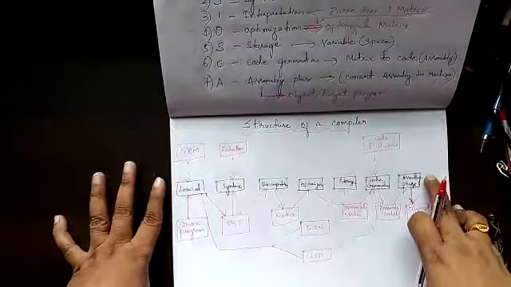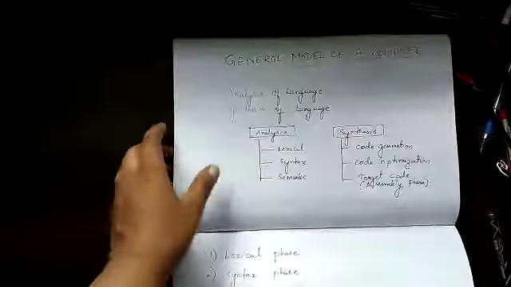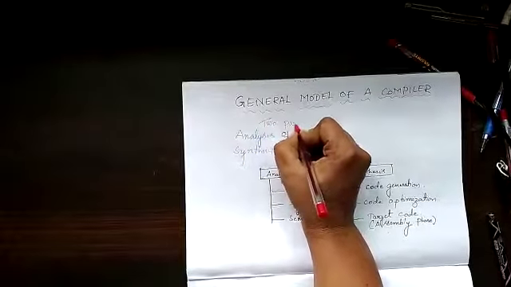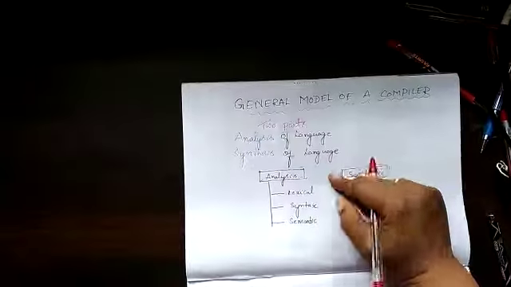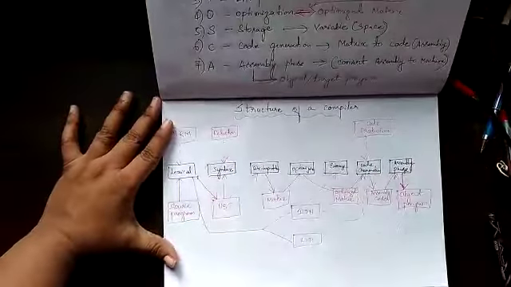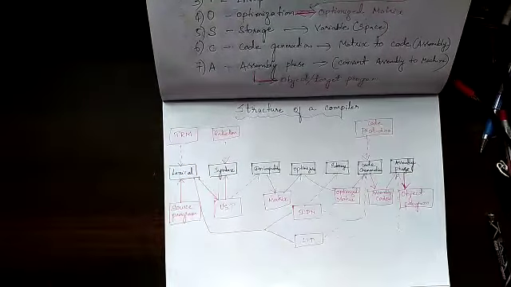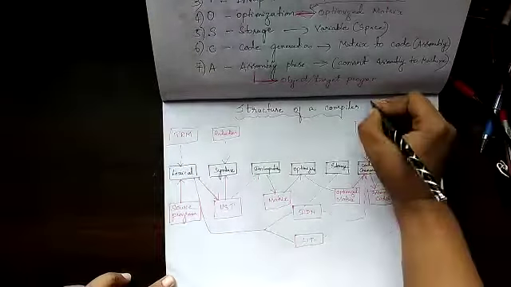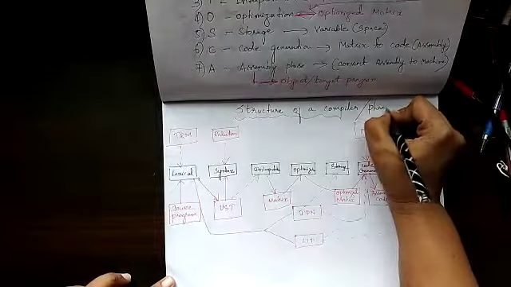If it is the general model of a compiler, you have to start with two parts, that is analysis and synthesis. Then you have to explain them, then draw this diagram. That will complete the general model of a compiler. For phases of a compiler also, you can write the same thing.